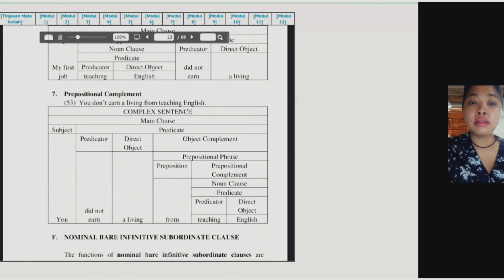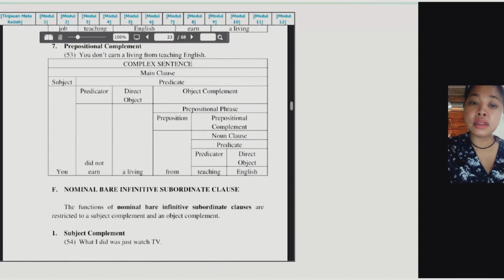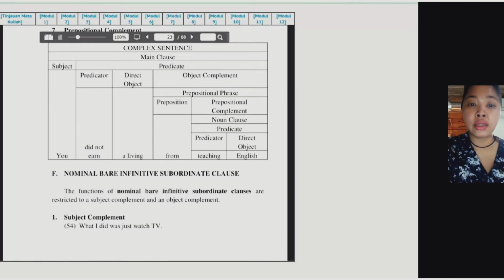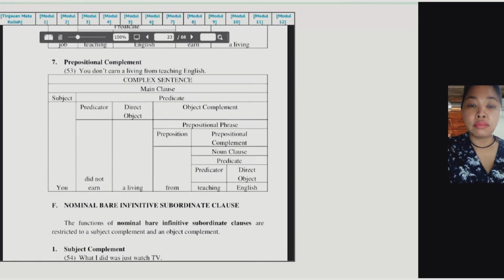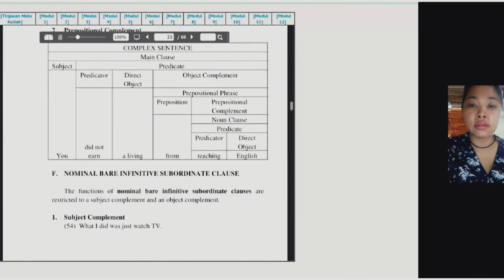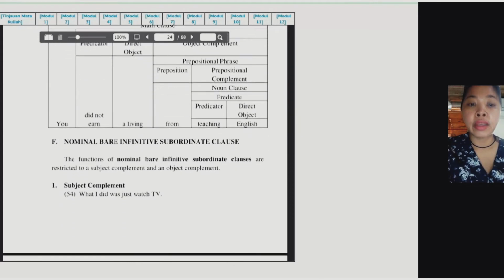And for the prepositional complement, you did not earn a living, then the preposition from, teaching English, the noun clause. We go to the next one.